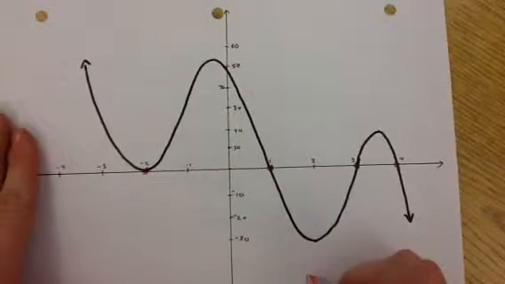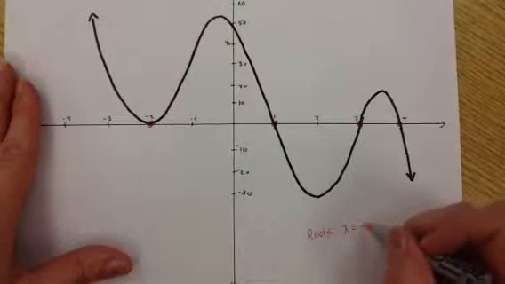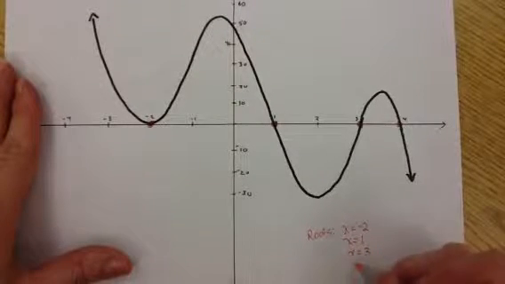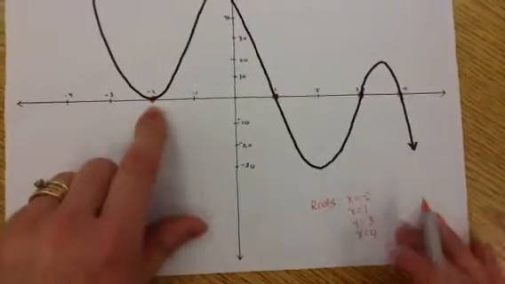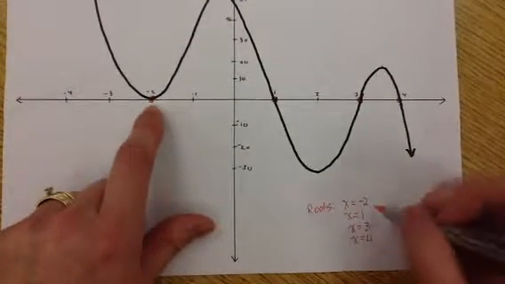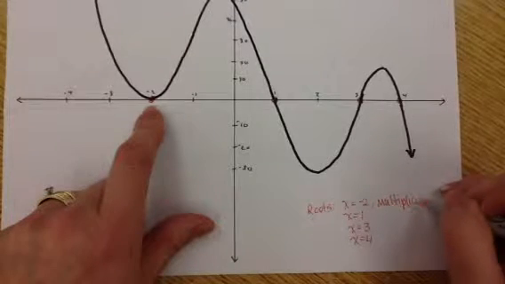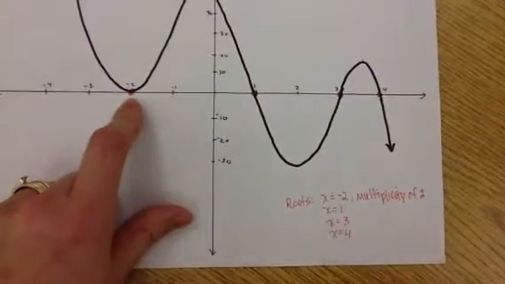So let's list out the roots. The roots are at x equals -2, x equals 1, x equals 3, and x equals 4. Now one thing that you want to take note of is that this root at x equals -2 has a multiplicity of 2 because it bounces there.